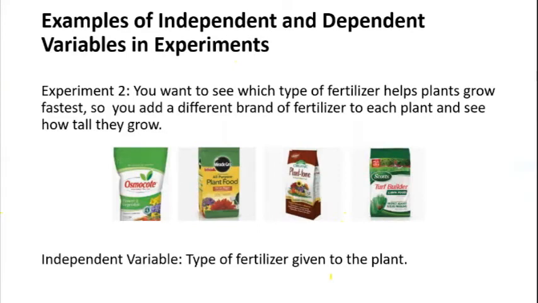So we can change it, we can manipulate it. Whereas for the dependent variable, of course, what we want to determine is the corresponding plant height achieved upon using these different types of fertilizer.